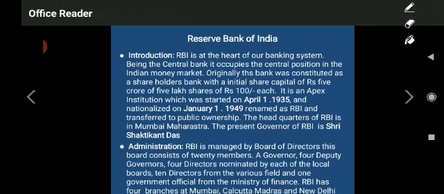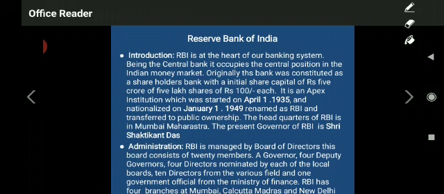Coming to the introduction part of the RBI: RBI is at the heart of our banking system. The entire banking system, all banks and financial institutions of the entire country, are shouldered by the Reserve Bank of India. Reserve Bank of India is taking care of all these banks and financial institutions.